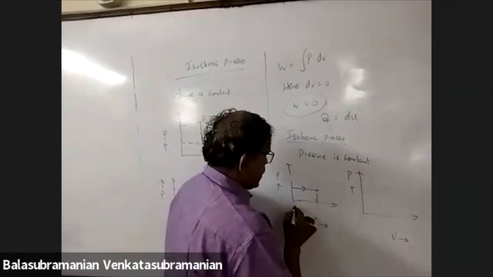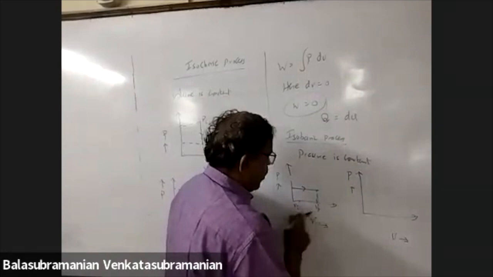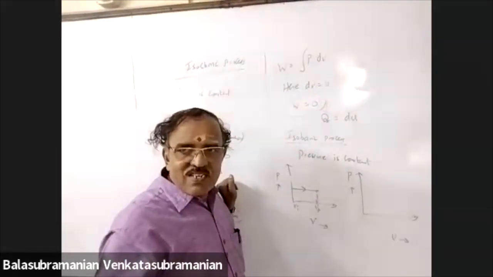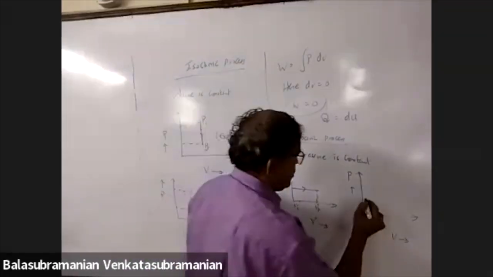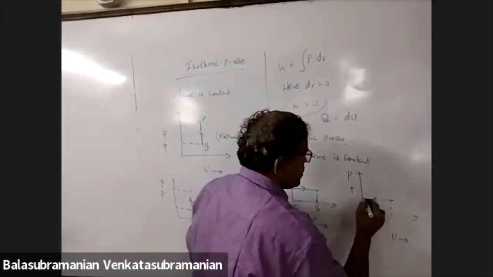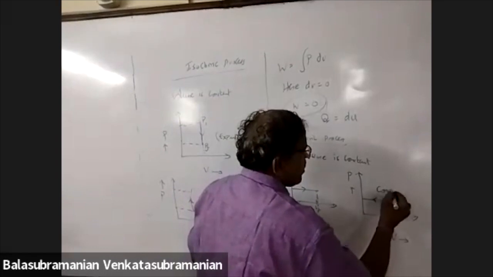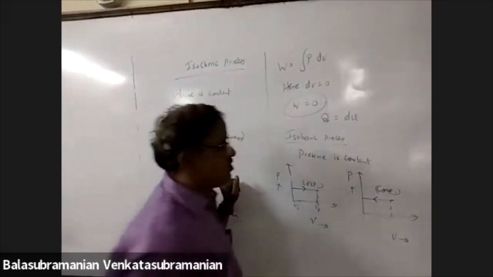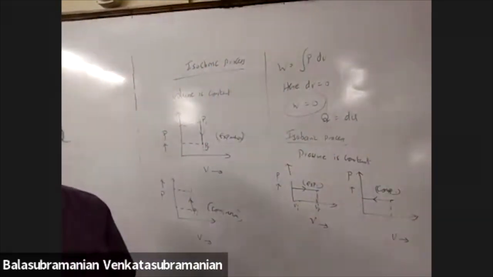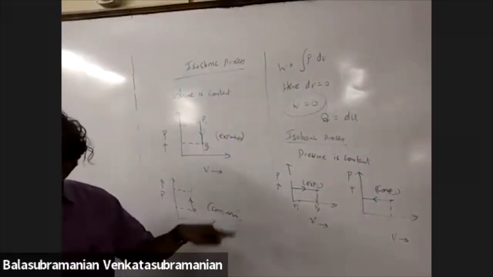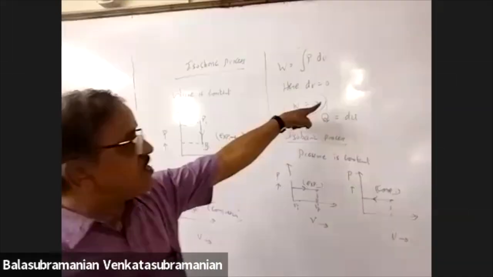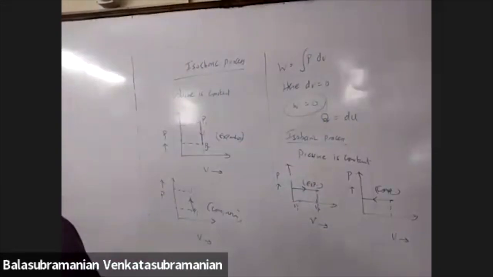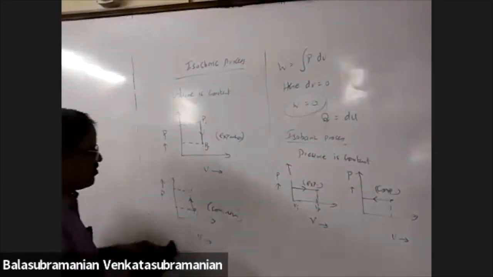What is this? Initial volume, final volume. Volume increases, what is the meaning? Expansion. Volume decreases. Work done we have to calculate. In the previous case work done is 0. Here we have to calculate the work done because it is not 0.